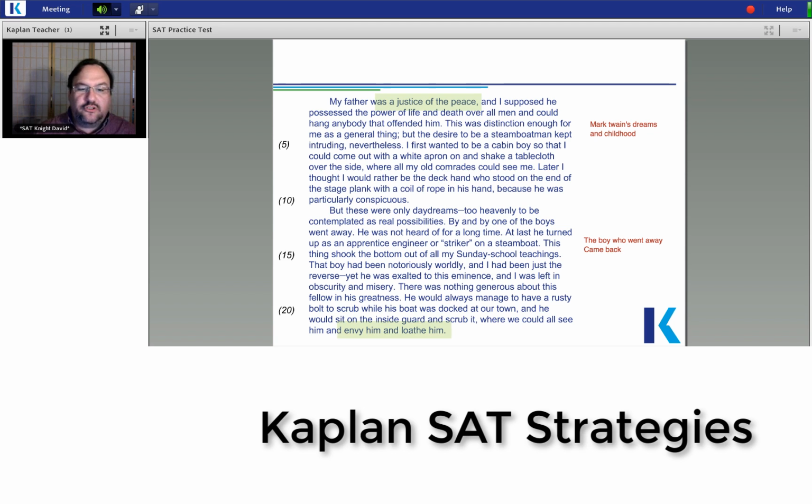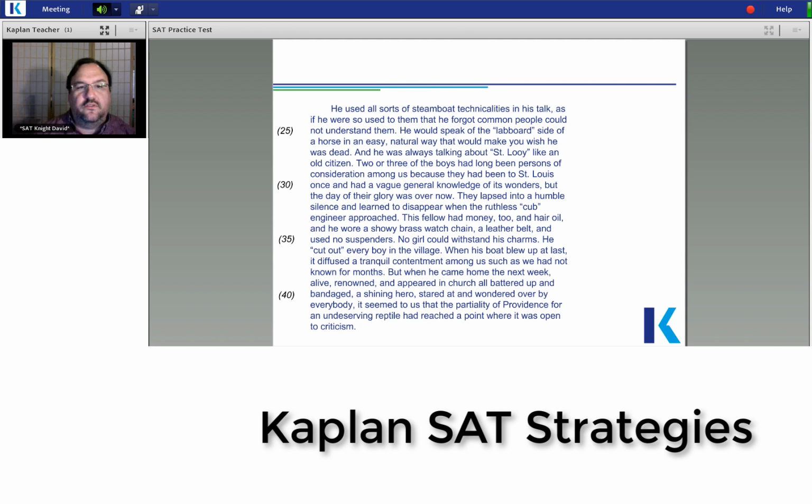This is a very emotionally charged line, so I might underline that. But I'm engaging myself with the passage. I'm not just reading it blankly and staring at the paper like I want to do. I'm actually paying attention to it so that I can do better on the questions when they pop up.